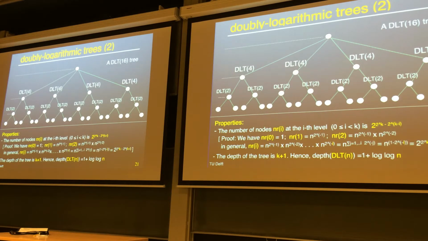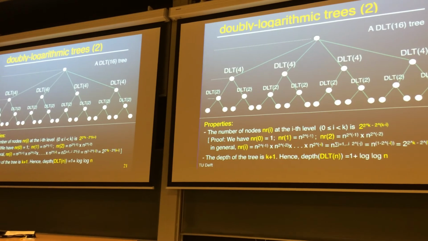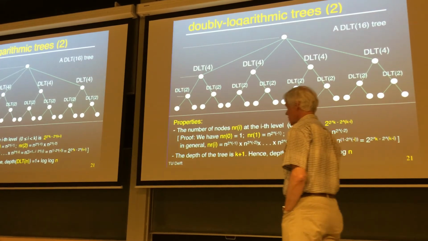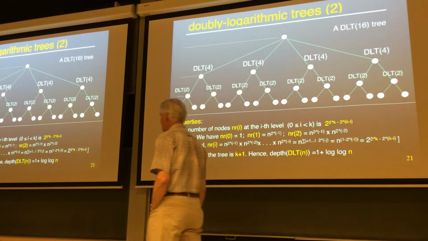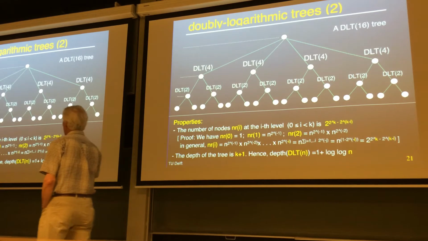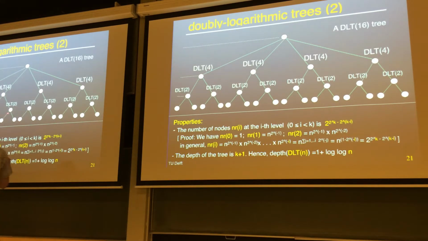There is a simple computation for providing you the number of nodes, basically giving you an idea of how many nodes are there at each level. Well, it requires some manipulation, of course, but that's quite easy, and we will take that for granted.